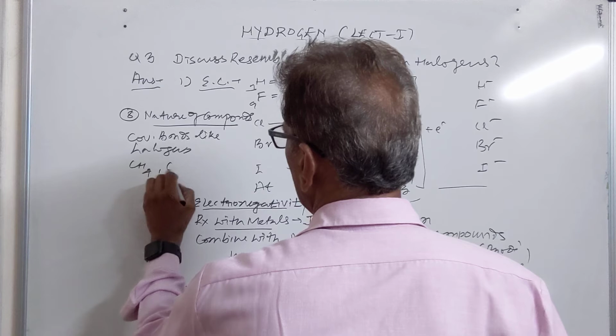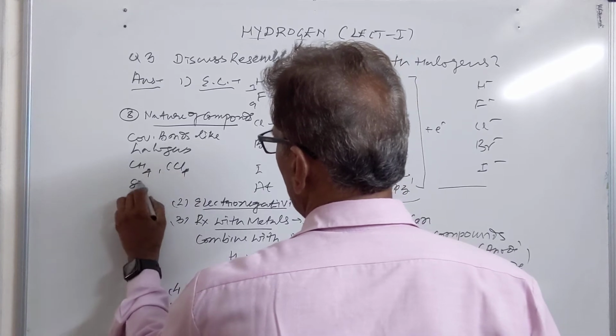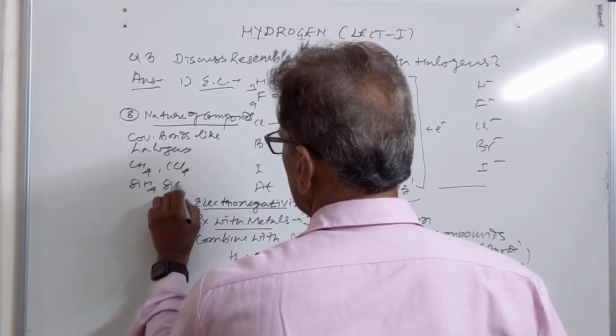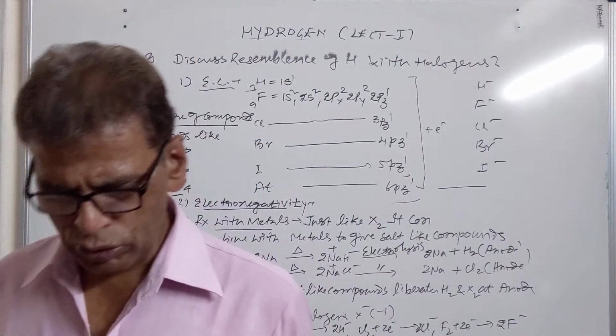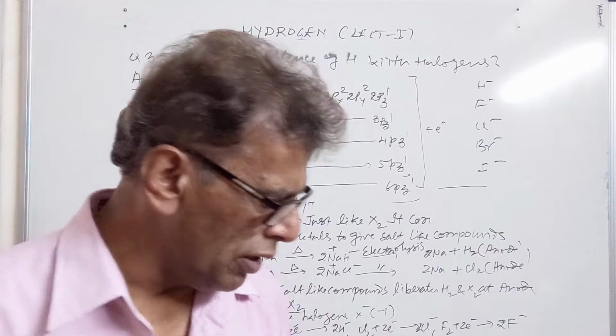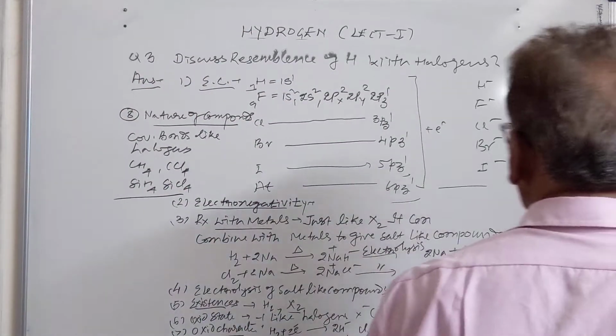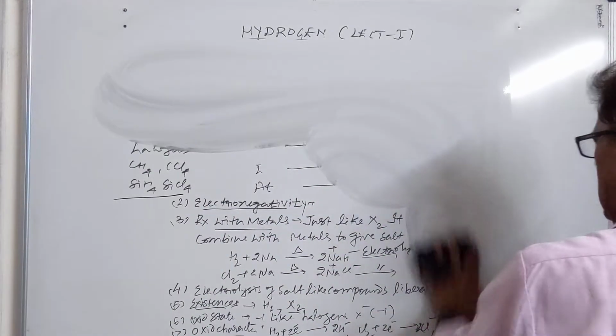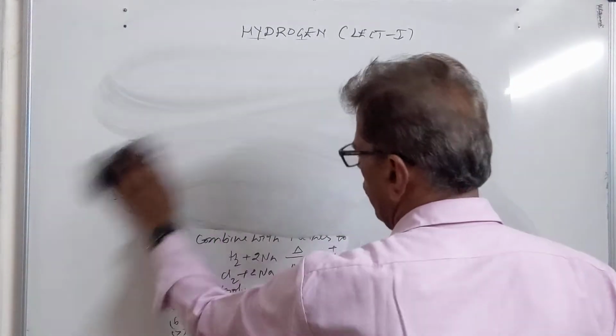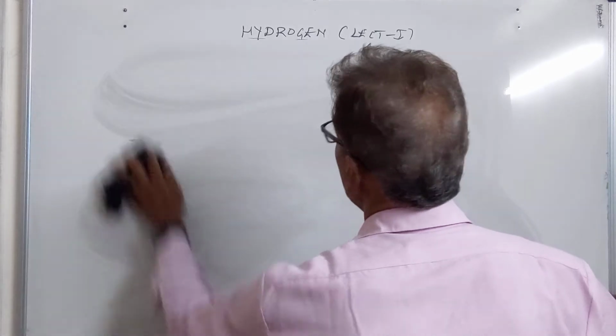CH4, CCl4 are similar compounds. SiH4, SiCl4, they are all covalent compounds. So this shows the resemblance of hydrogen with the halogens.